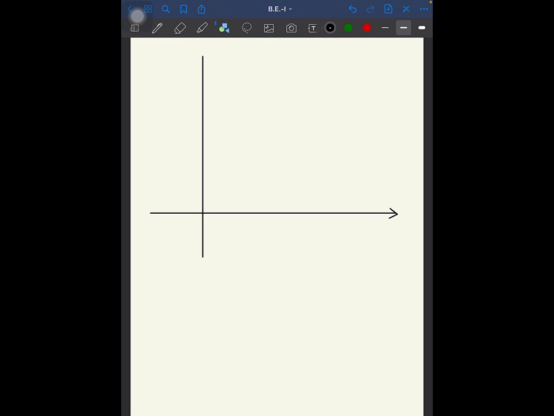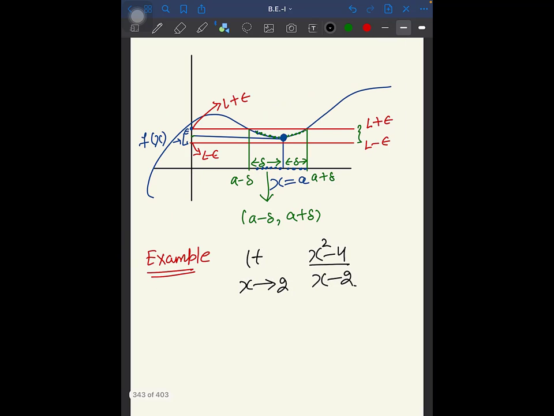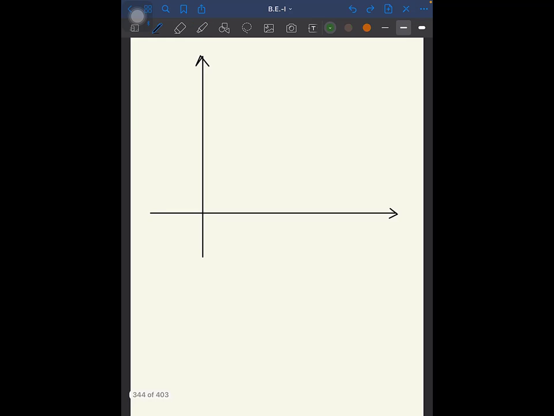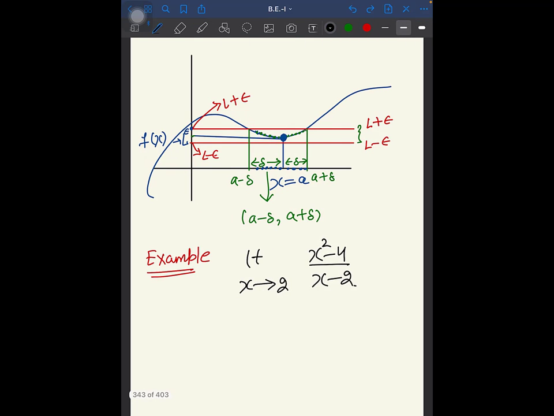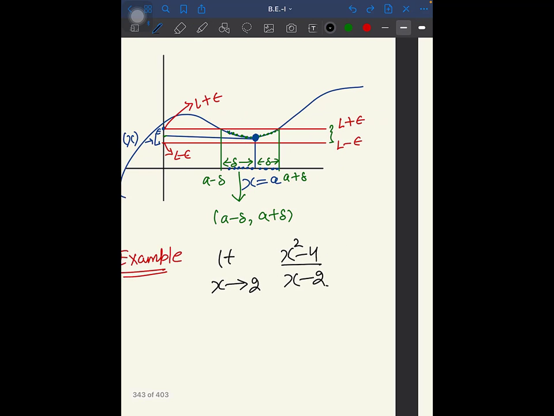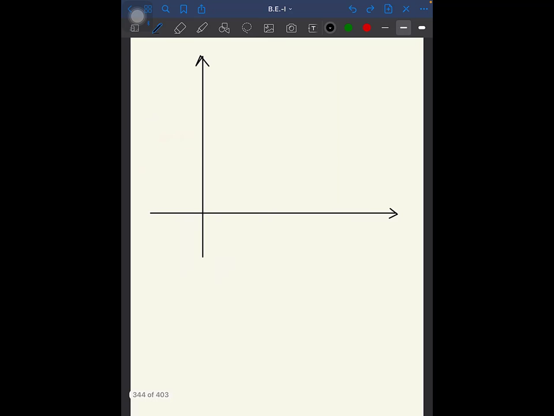Okay, so as we have discussed, this is nothing but a straight line, except at x is equal to 2, where this function is not defined. Otherwise it's a straight line, y is equal to x plus 2. If you put x is equal to 0, then y will be 2, and if you put y is equal to 0, then x will be minus 2.